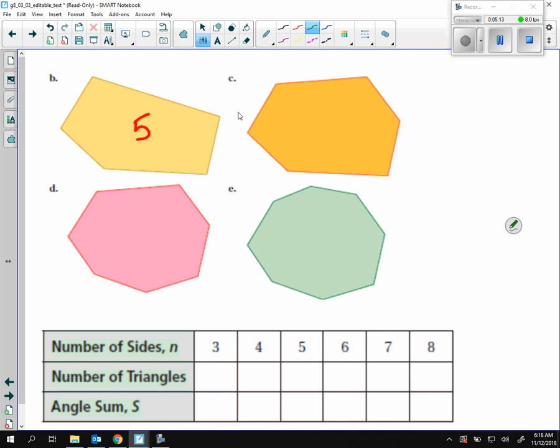Now let's check out C. 1, 2, 3, 4, 5, 6 sides. Continue that with D and E, and you'll find that D has 7 sides and E has 8 sides.